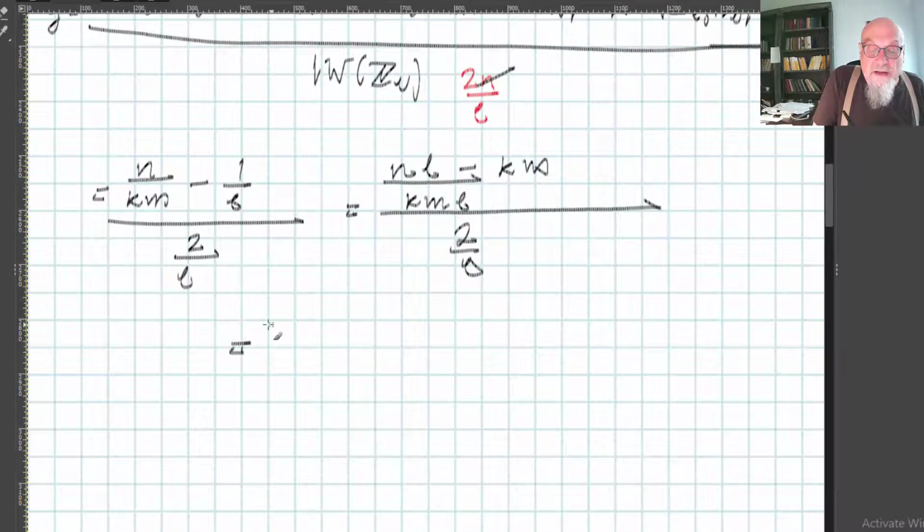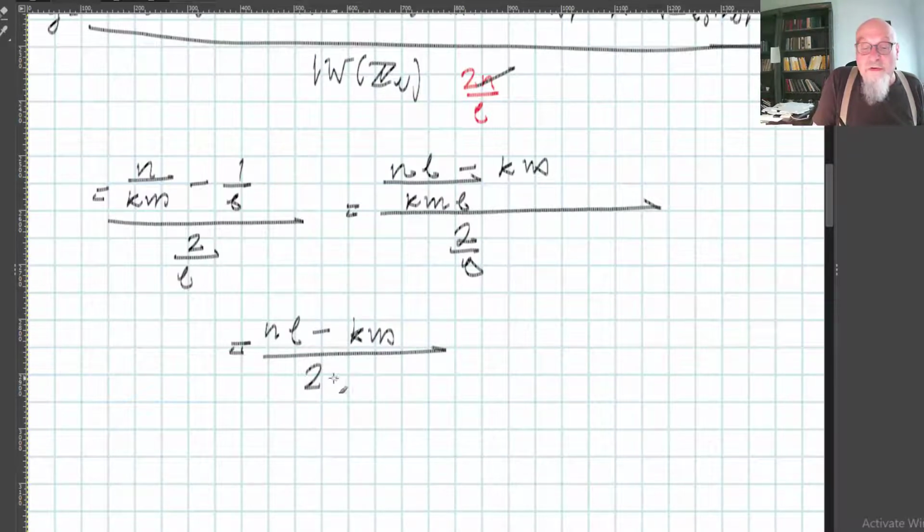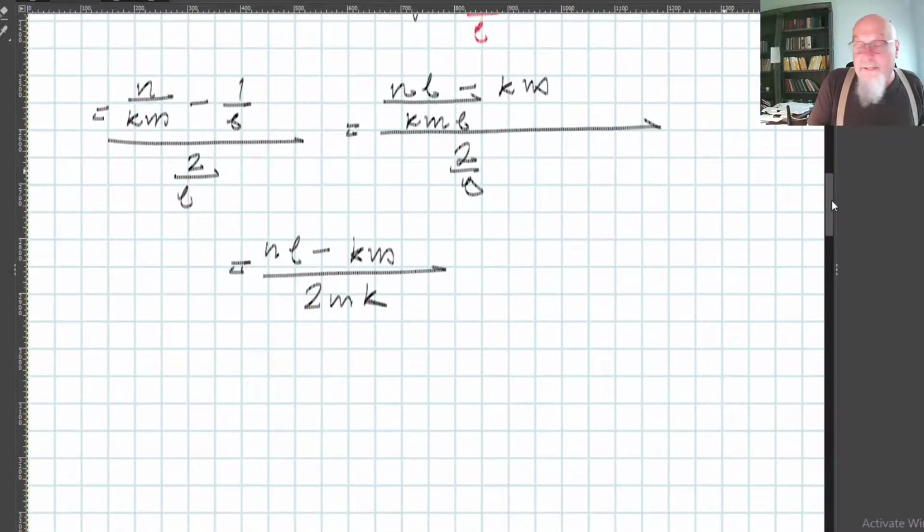So I'm getting here NL minus KM, and here we are getting here, this is 2MK. Oh, I got the formula, NL. So, yep, I got the formula.